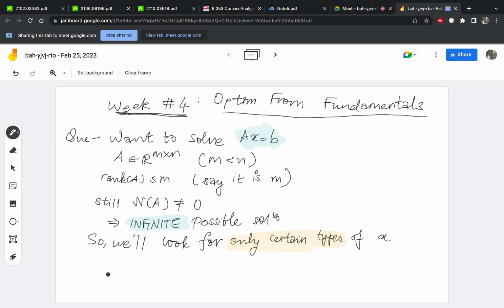Okay, and one way to do that would be to find the least norm solution. This is nothing but saying find the vector of the smallest length, and the constraint is that of course it solves the system of equations.